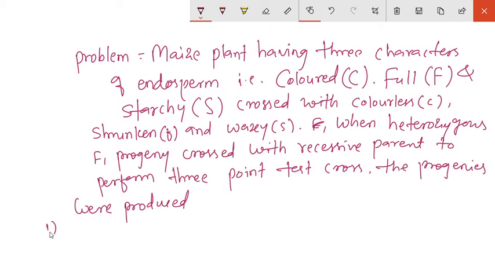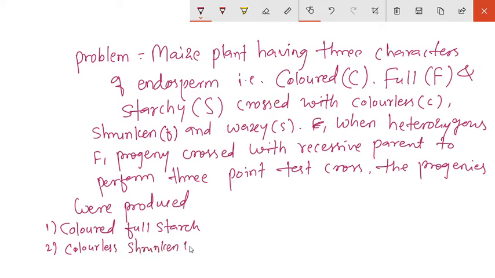The first progeny is colored full starchy, the second is colorless shrunken waxy. Their numbers were 2538 and 2708.